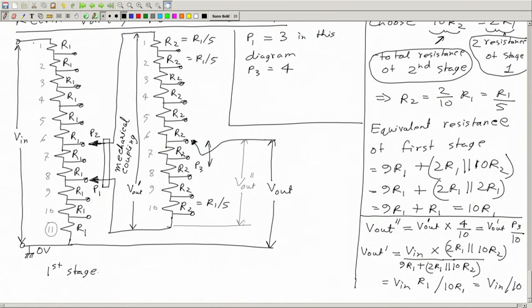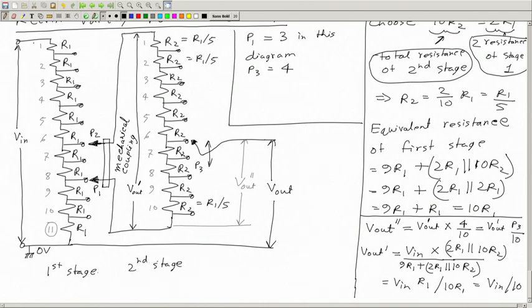So V out double prime is this voltage V out prime multiplied by this 4 by 10. So this was not V out. That's the first stage. This is the second stage.